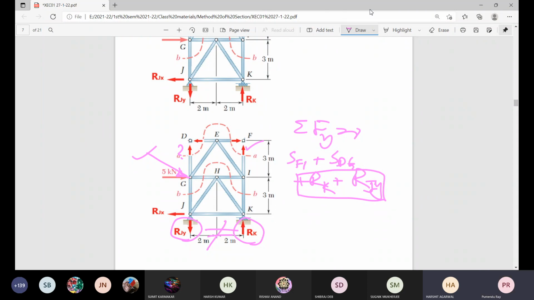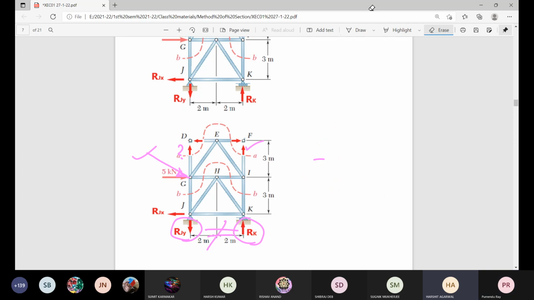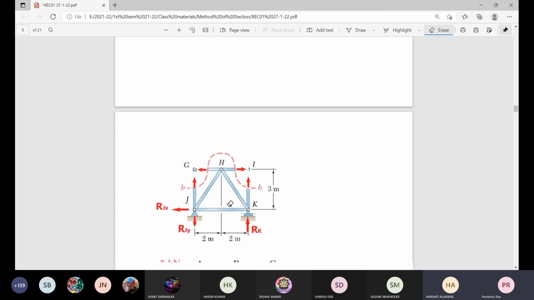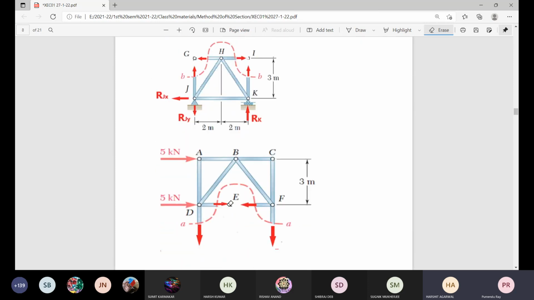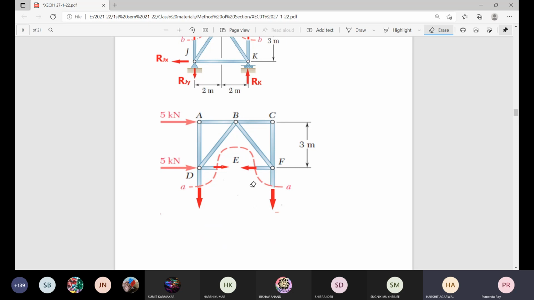Now, according to our convenience, let me erase this extra information which is making the diagram clumsy. The next thing, the upper part.